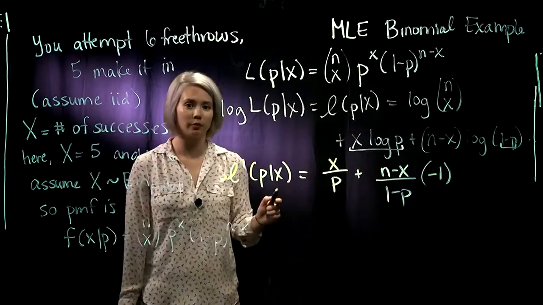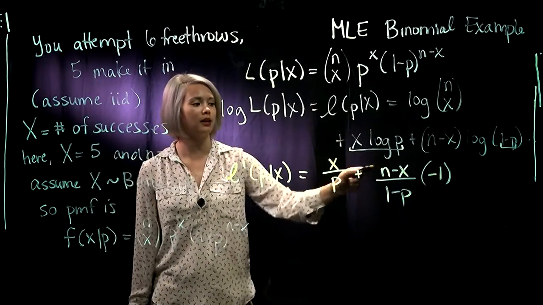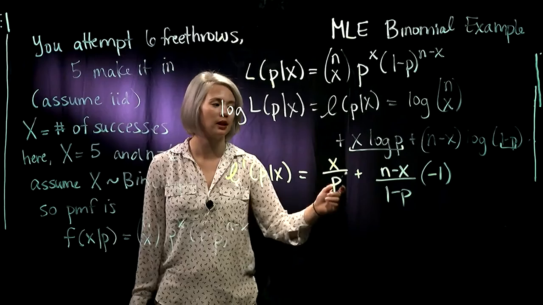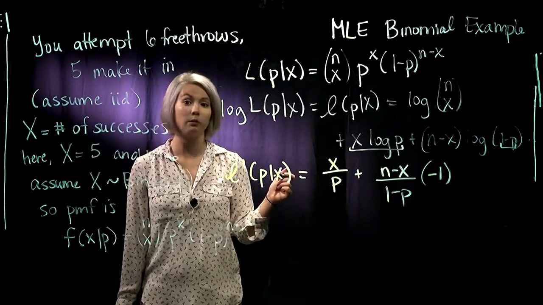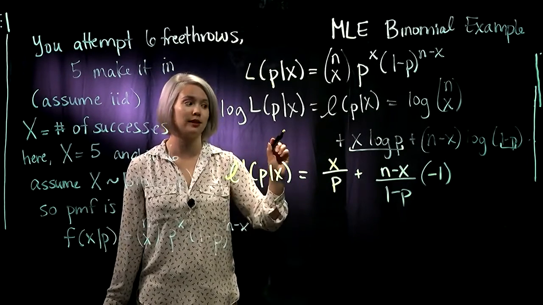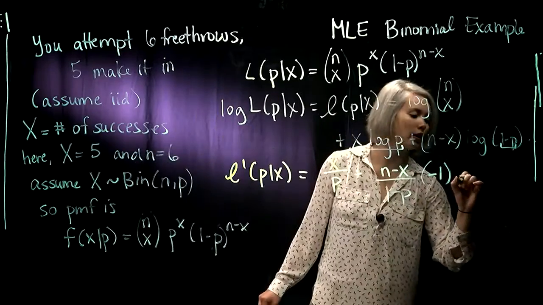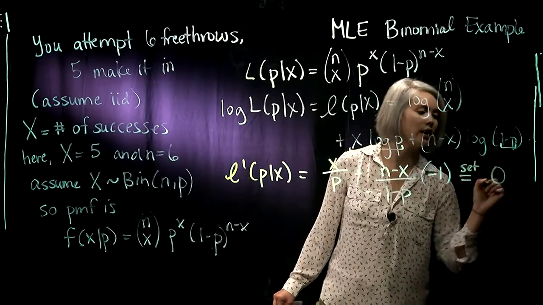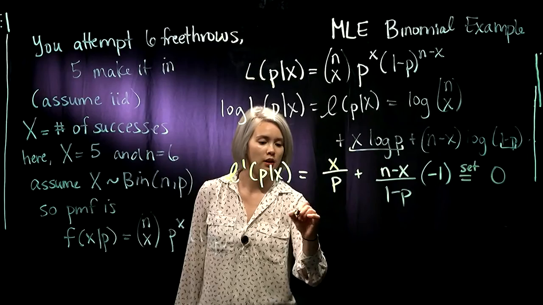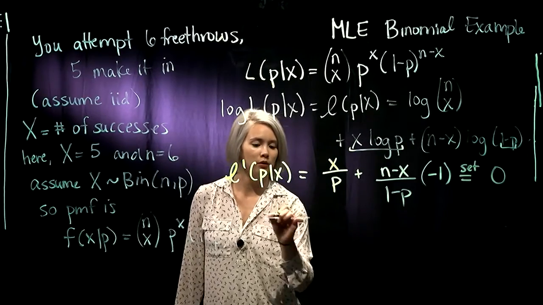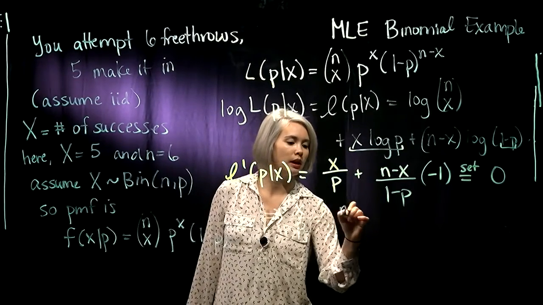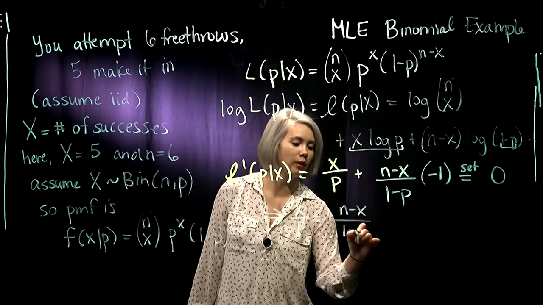It is x over p plus n minus x over 1 minus p times negative 1. We're looking for the maximizer, so we need to set this equal to 0. So we have x over p is equal to n minus x over 1 minus p.